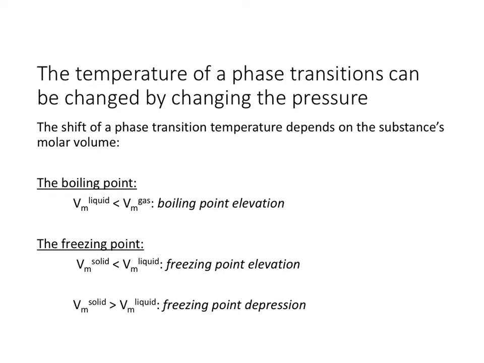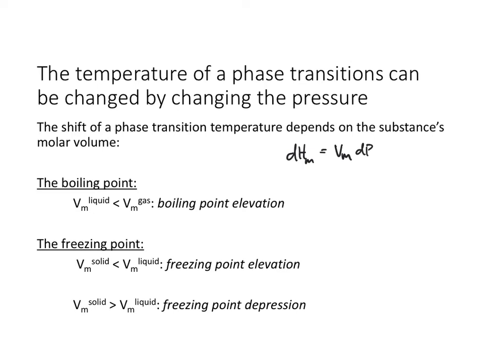And we can explain this by thinking about the previous slides where we looked at how pressure changes will change the Gibbs free energy in relation to how big its molar volume is. So if we consider a small change in the molar enthalpy, this is going to be equal to the molar volume times the change in pressure.